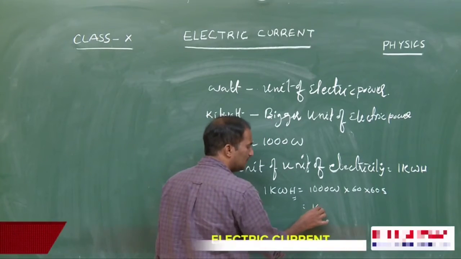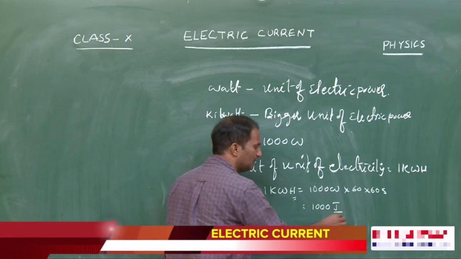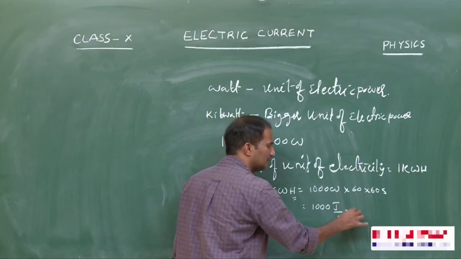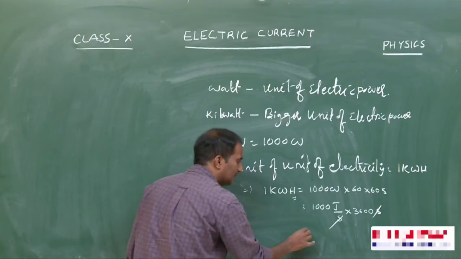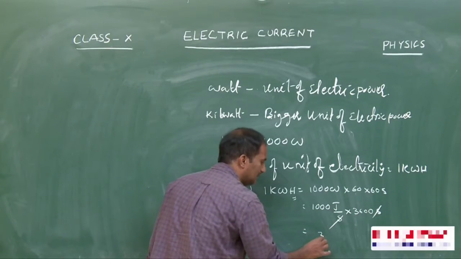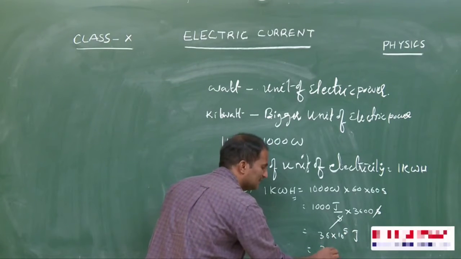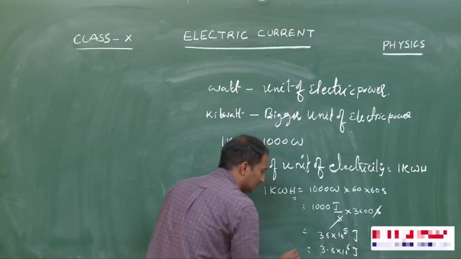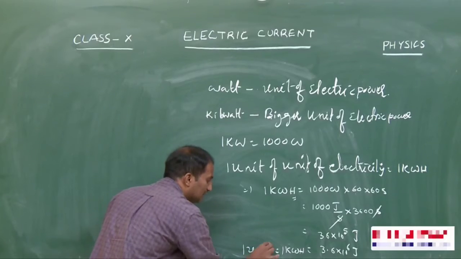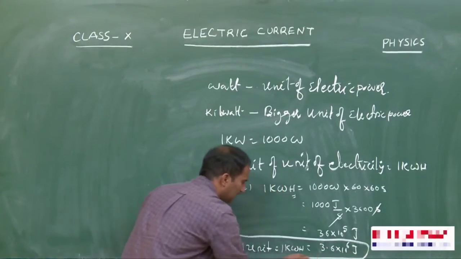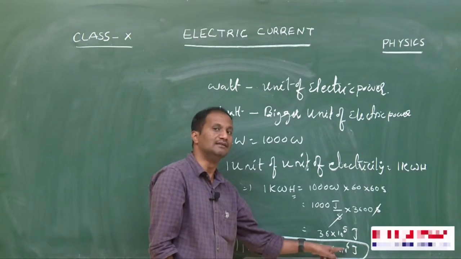So 1000 into, already we know 1 watt equal to 1 joule per second, into 60 into 60, equal to 3600 seconds. Seconds get cancelled, that equals 1000 into 36, that is 36 into 10 power 5 joules, or 3.6 into 10 power 6 joules. That is 1 kilowatt hour, that equals 1 unit. So 1 unit of electricity is equal to 1 kilowatt hour, that equals 3.6 into 10 power 6 joules of electric energy.